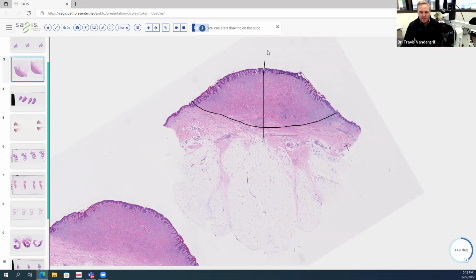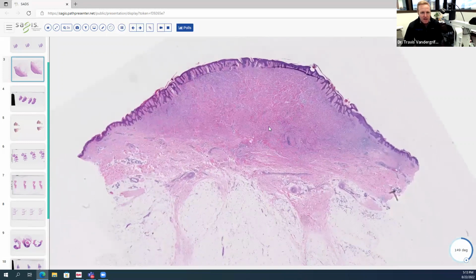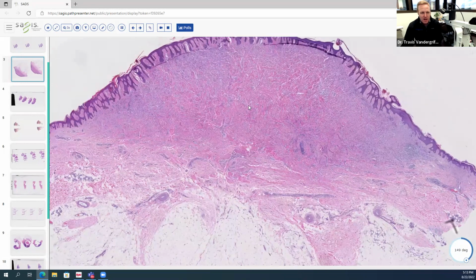Symmetry is judged by drawing a line and then deciding if the reflection across that line is roughly equal. And then size can be kind of hard to judge on scanned images. My rule of thumb is that a small lesion fits into a 4x field of view.